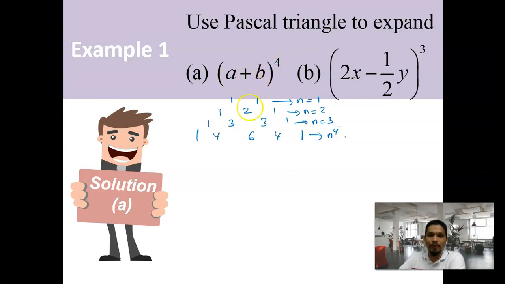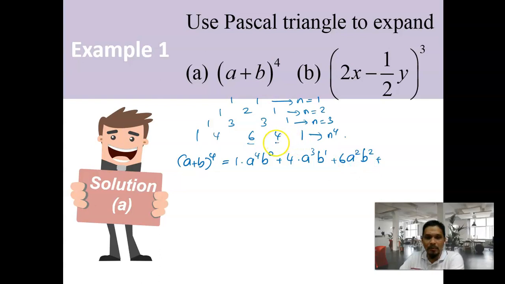So (a plus b) to the power of 4 equals 1, the coefficient, multiplied with a to the power of 4, b to the power of 0, plus 4, a cubed, b to the power of 1, plus 6, a squared, b squared, plus 4, a, b cubed, plus 1, a to the power of 0, b to the power of 4.